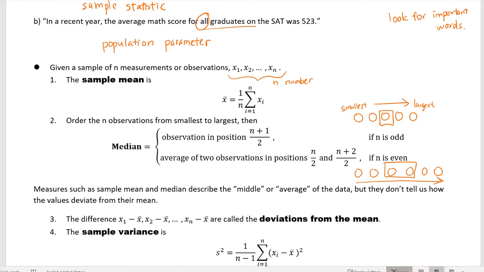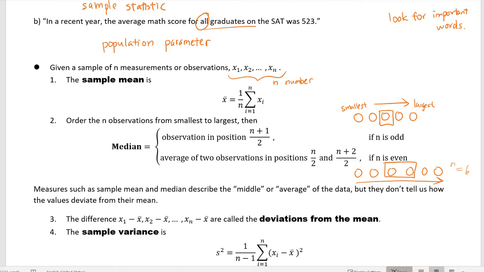So if n is even, for example, if n is 6, then the third and the fourth ones are the middle ones. So the average of the observations in position n over 2, which is 6 over 2 is 3, and (n plus 2) over 2, which is 8 over 2 is 4. So you see, it matches the formula. So we have the middle 2, and we take the average of those two numbers.